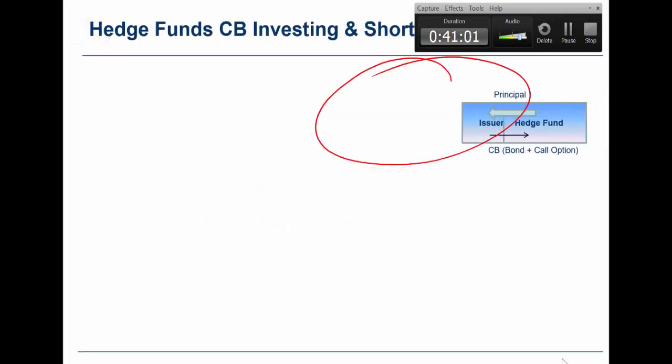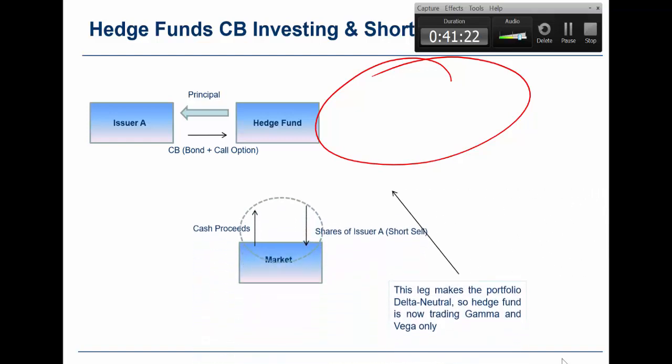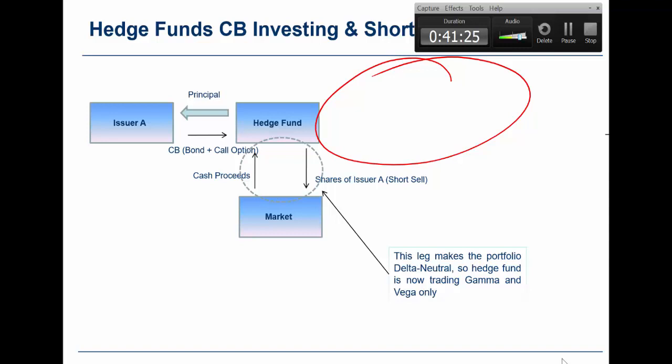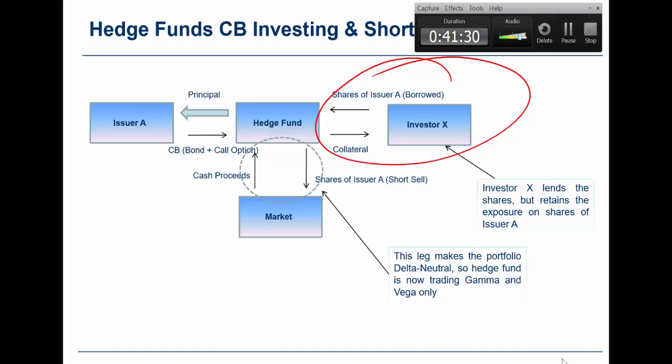Now, here is what happened. So you have a hedge fund, and like I said, they like to buy these CBs, but what they normally do is they would turn around and they would try to borrow shares from someone, let's say investor X. They would try to borrow shares, and then they will sell these shares in the market.